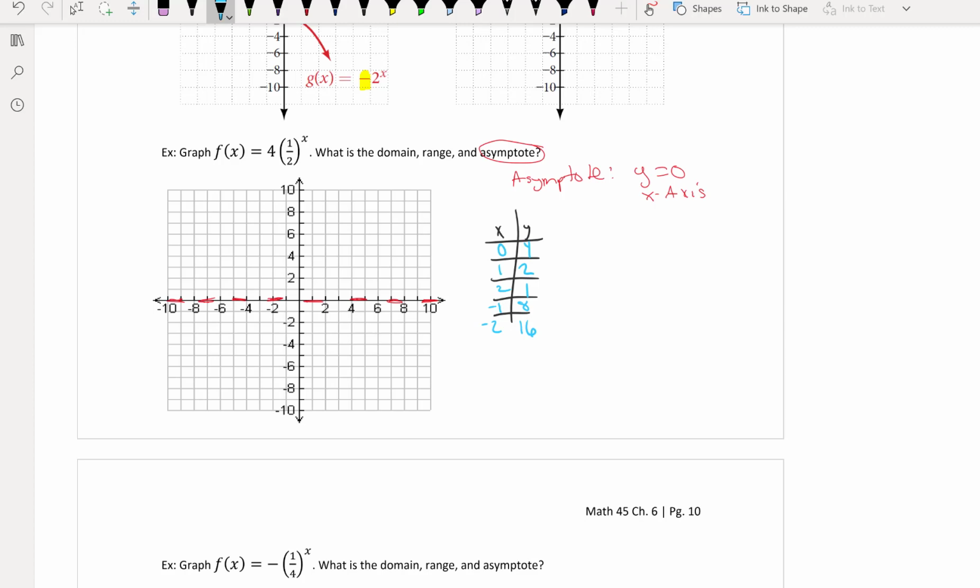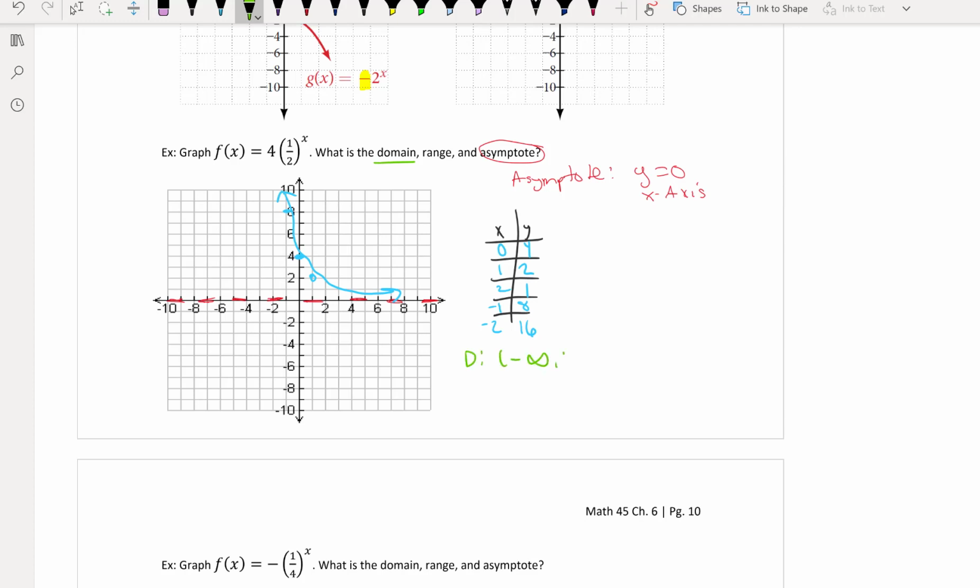So now I know kind of my general outline. So I have a 0, 4, a 1, 2, a negative 1, 8, and a negative 2, 16. So I know the shape of my exponential. So if I'm talking about the domain, that's all of my x values.